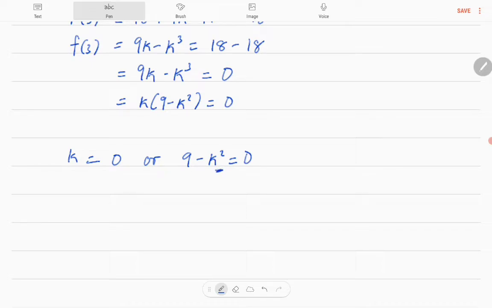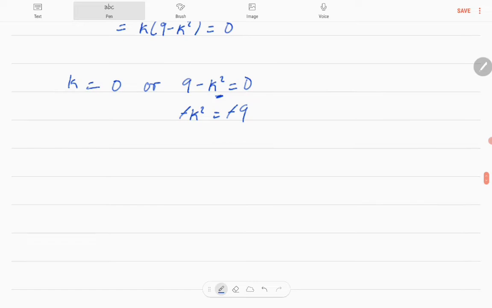Since 9 − k² equals 0, when you bring 9 to the other side, you have −k² equals −9. Of course, the negatives cancel, so you have k² equals 9.